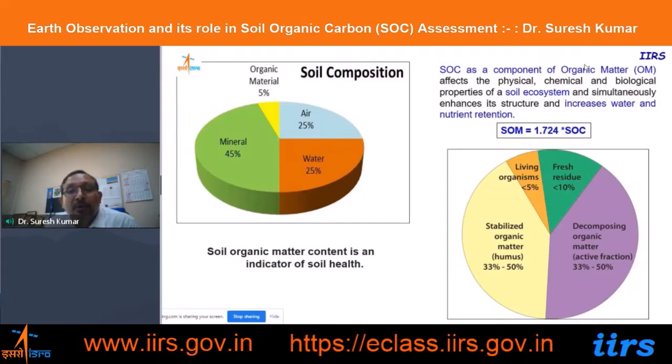Because of erosion and translocation of soil particles from one place to another, this organic matter gets exposed to the atmosphere, and because of that, it is decomposed as carbon dioxide gas.